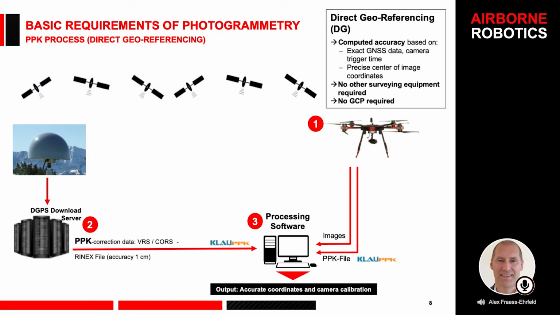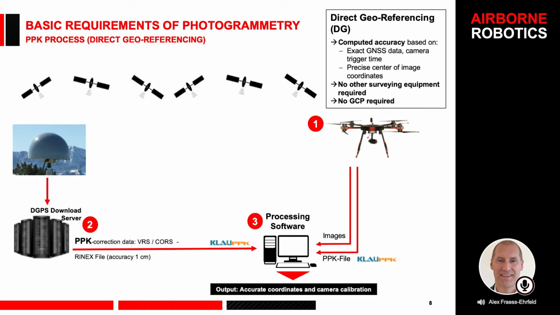What you need to know is that the PPK process is a direct georeferencing process, or DG. So the accuracy is computed by the exact and high-end GNSS technology and data, and also the knowledge and calculation of the precise center of image coordinates from the camera.